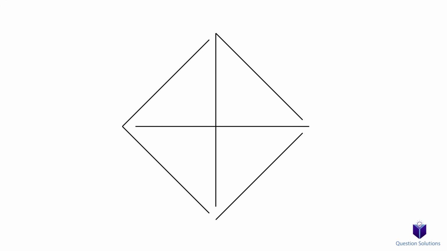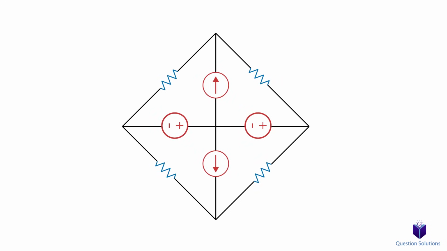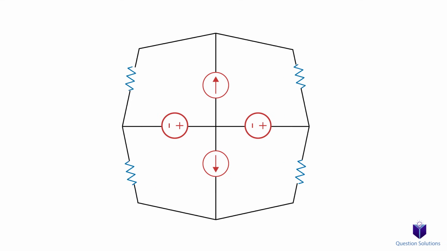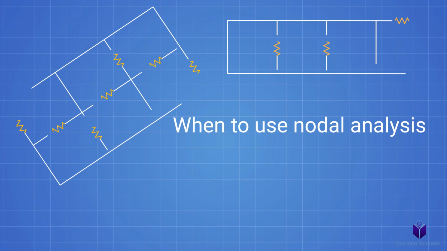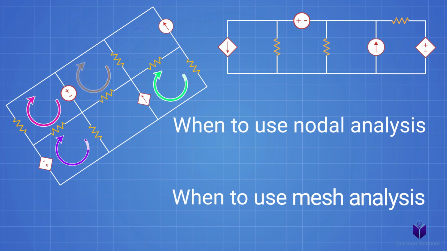Here's a circuit that looks a bit weird, but in reality, this is just like the ones we've solved. Remember, you can easily bend conductors in your mind or redraw it to make it look familiar. Now a good question to ask is, when should you use nodal analysis and when should you use mesh analysis? Besides the obvious solve using nodal analysis or solve using mesh analysis, you should first analyze the circuit.